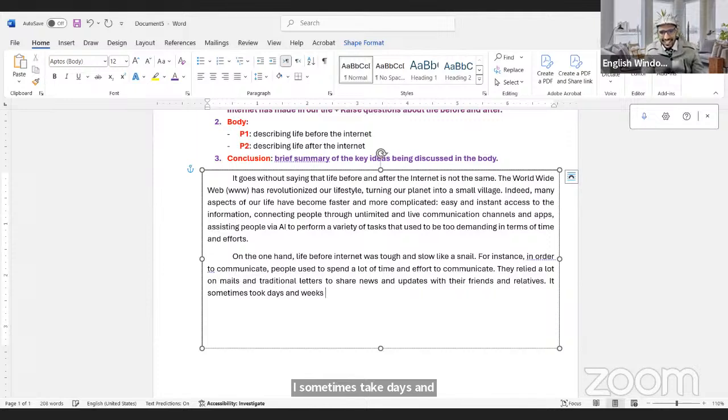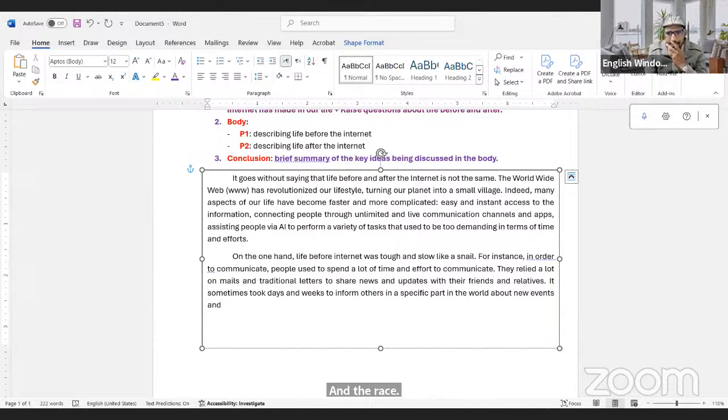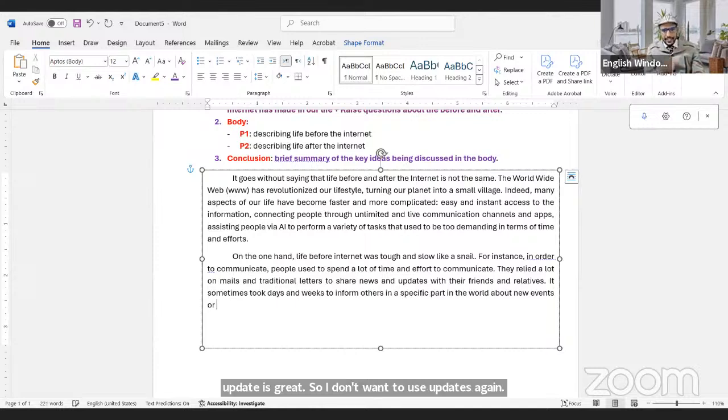To inform others in specific parts of the world about new events or information.